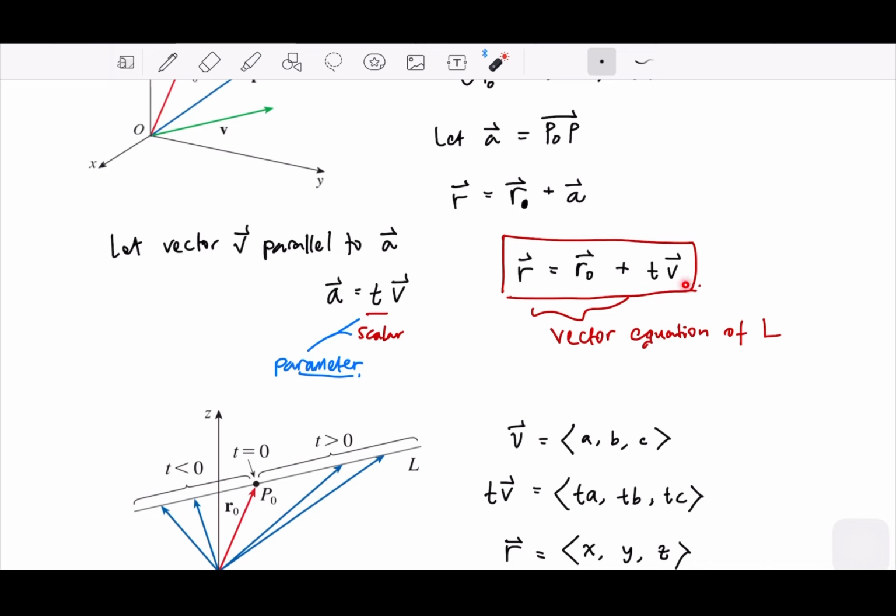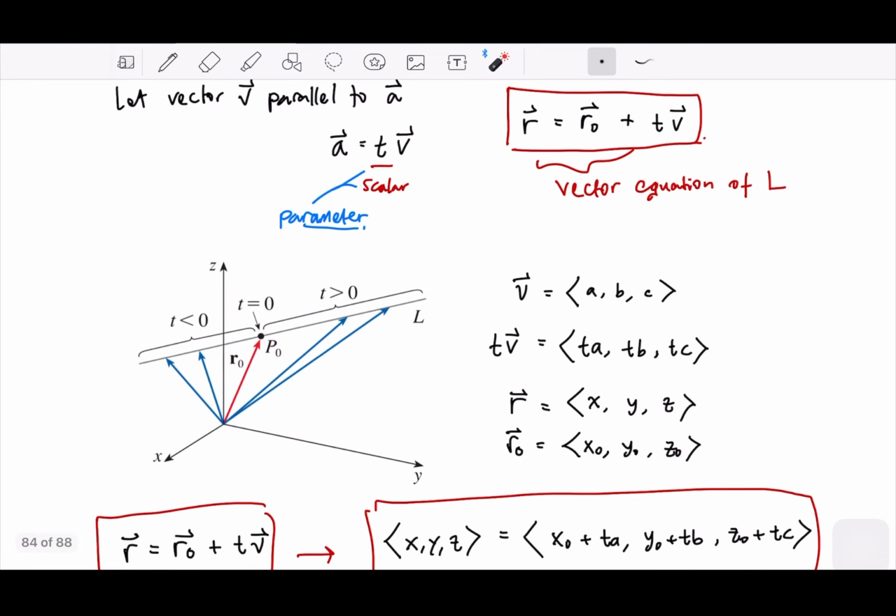And we can have the general equation for vector of line L.